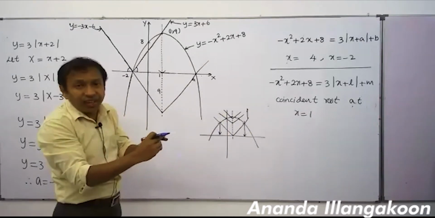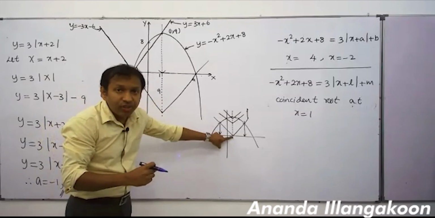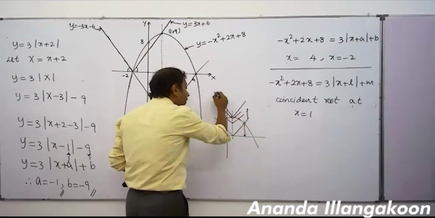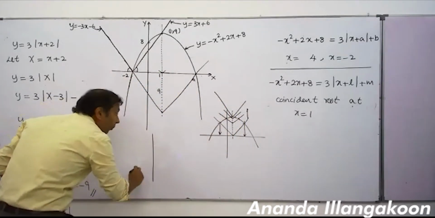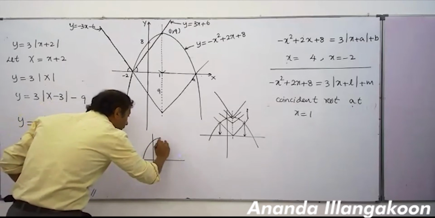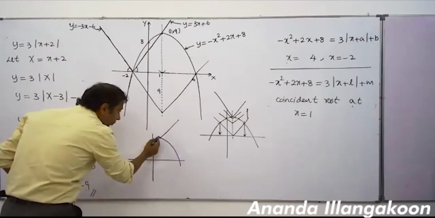Then exactly when the two points coincide with each other, the vertex of this V-shaped graph should be at the highest point here. Then finally, people, to have the coincident roots at x equals 1, the V-shaped graph should come to here.